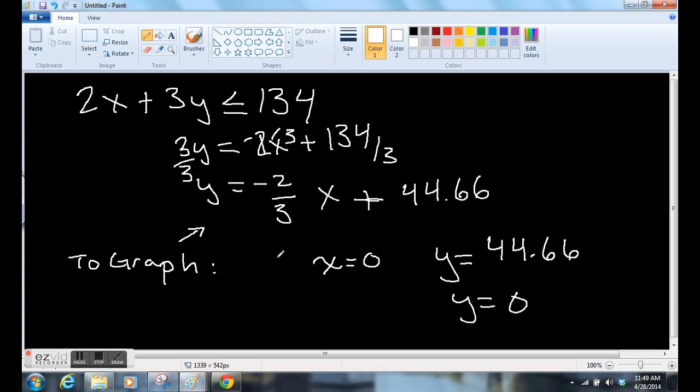For y equals 0, what is the x? Okay, you have your x equal to 66.9. This is because you have 44.66 when y equals 0 times 3 divided by 2. So these are 2 points. You can put these points on and draw the line between them.